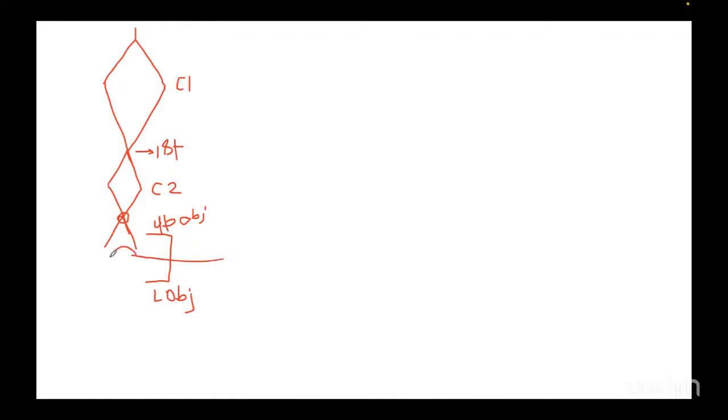Your sample will stay somewhere here, where the electron beam goes. But if you look at this diagram, you can see the electron beams are not parallel. When we talk about parallel electron beams, they should go like that. These two lines are parallel lines, but this is not a parallel line.